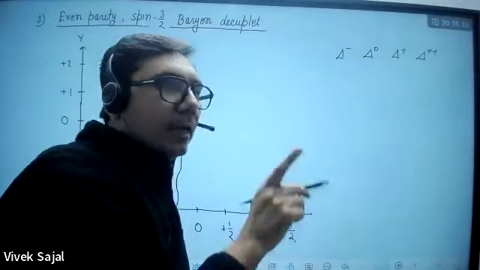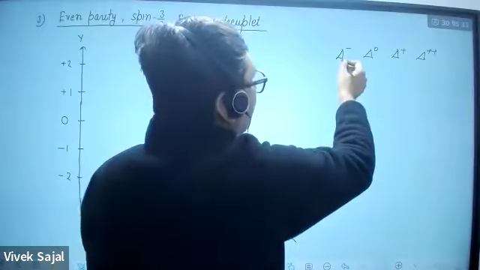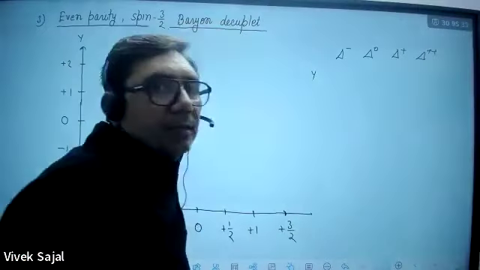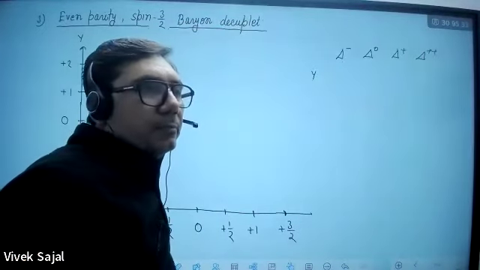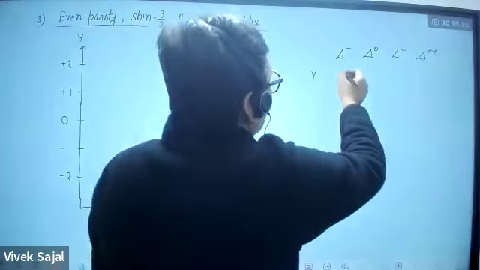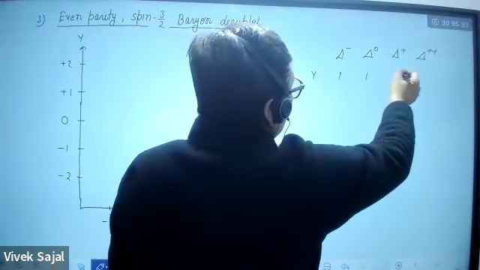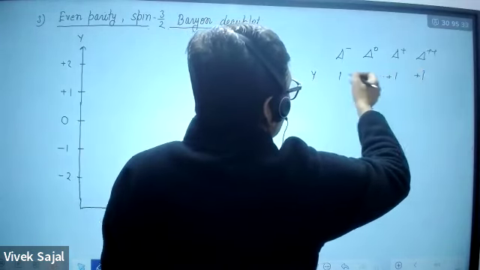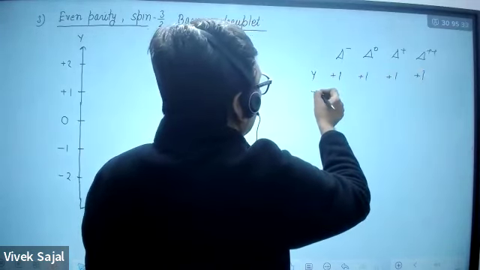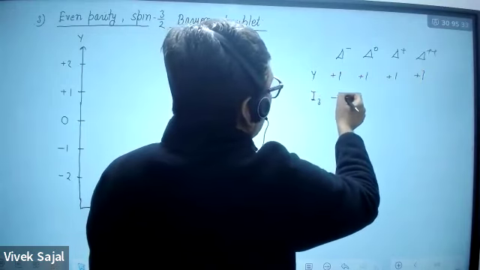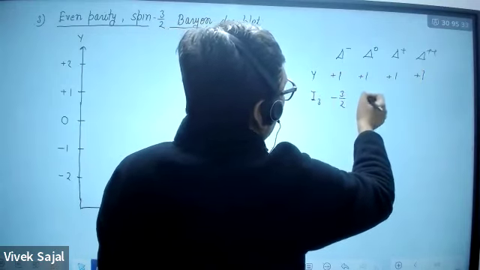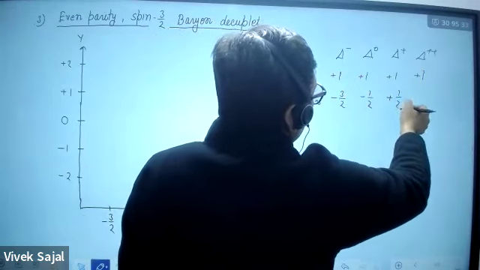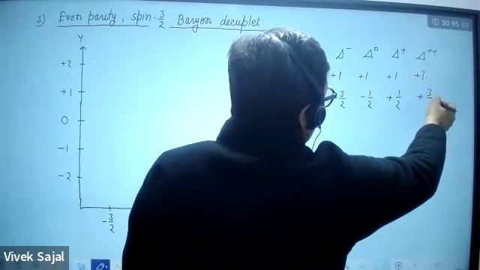B is 1, S is 0. So what will be Y? Here the baryon number is +1, strangeness number is 0. So the Y number will be 1. And if you write I3, this will be -3/2, -1/2, +1/2, +3/2.